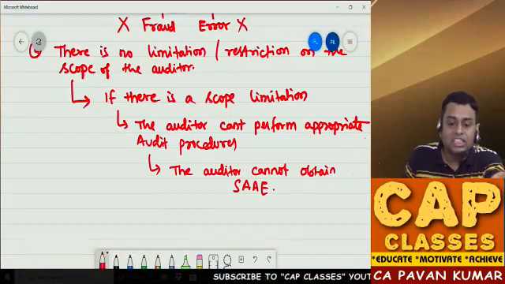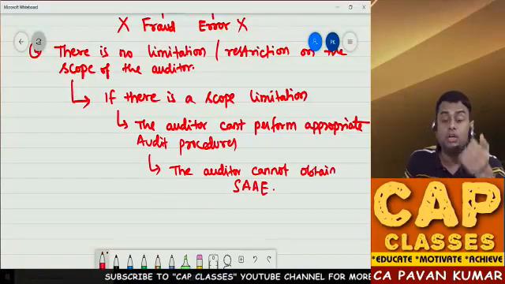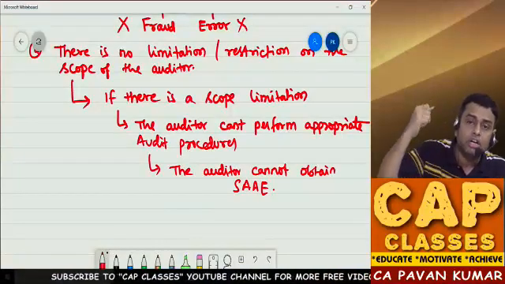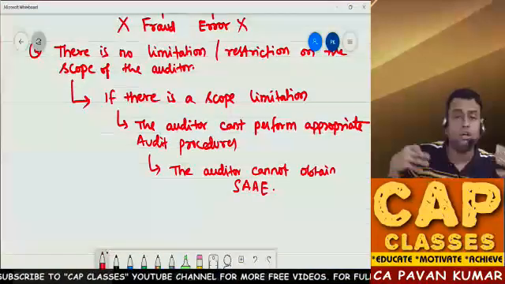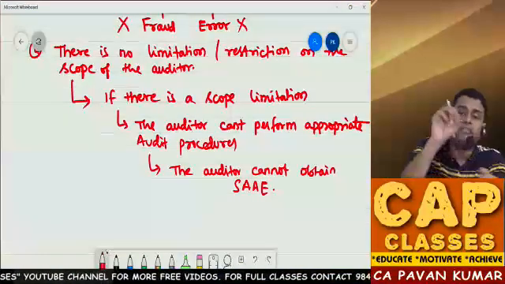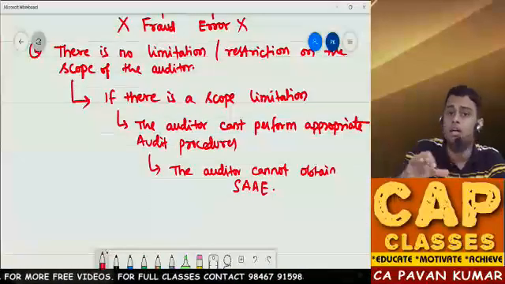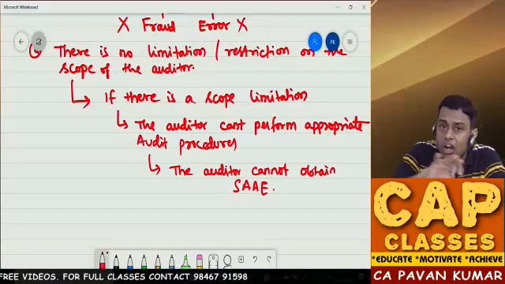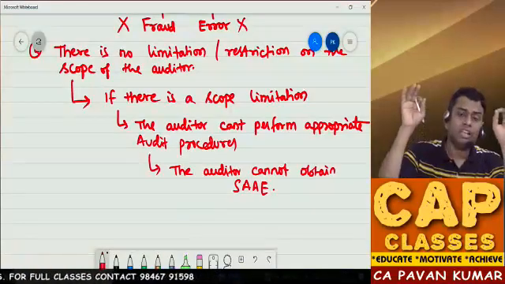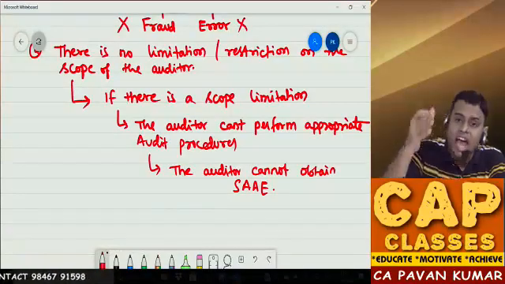So I should have access to books of account. I should be in a position to obtain information and explanation. I should be in a position to inquire, to question the directors, and to get whatever audit evidence I want. If you are tying my hands, if there is a restriction or limitation placed on the auditor, my dear friend, remember, he cannot implement his audit plans properly, he cannot carry on the audit properly.